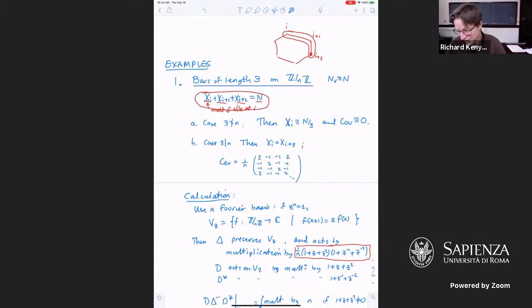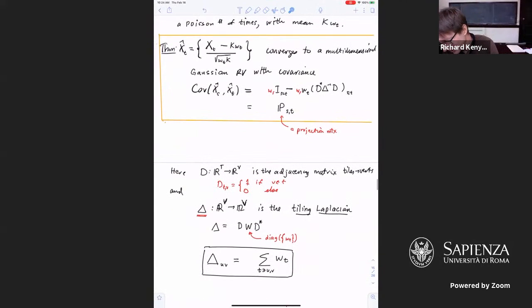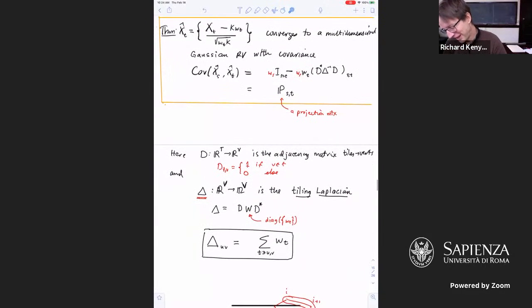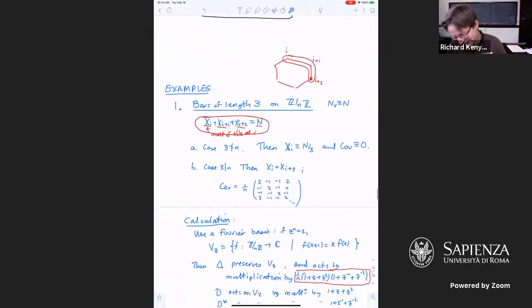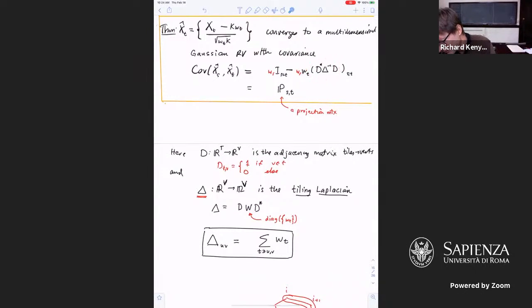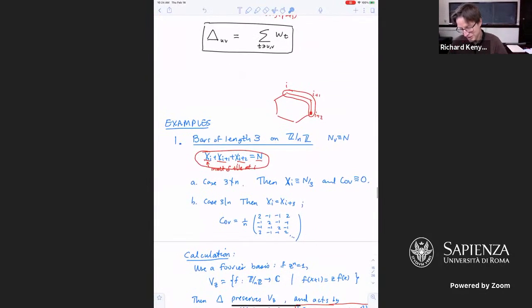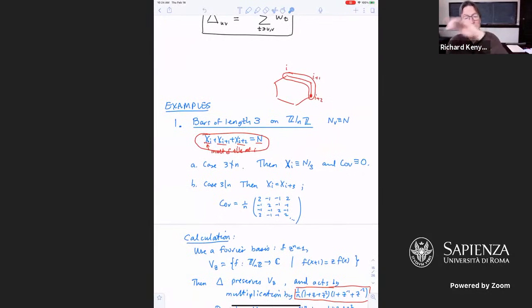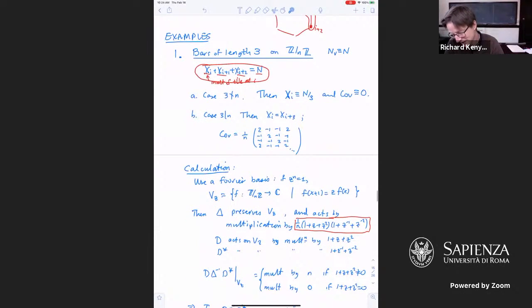So we have a formula for the covariance matrix here, up to errors on my part. What we need to do is compute this operator delta inverse d star, but in the case of a graph like this, which is a cycle, the graph is symmetric. We can use a Fourier basis to deal with these operators on a symmetric space, on this graph, which has this group of symmetries.